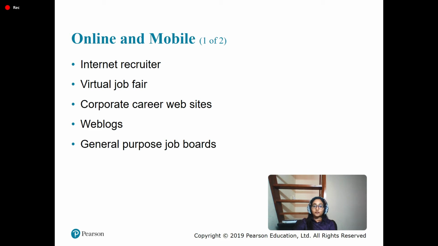The blogs often have names like attorneyjobs.com and salesjobs.com. Some employers and employment agencies have also discovered that blogging is a way to do detailed and stealthy background checks on potential candidates.